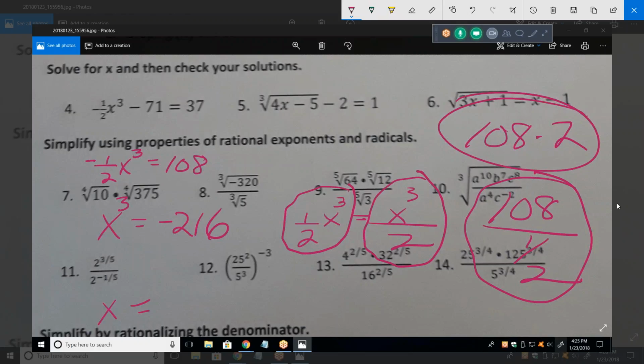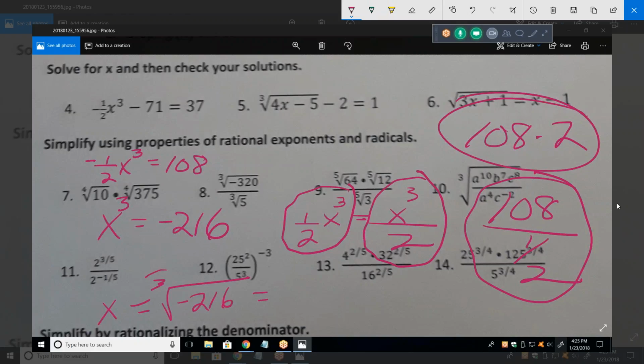Now what's the next thing to do? Cube root of negative 216. So x equals the cube root of negative 216, which is negative 6.